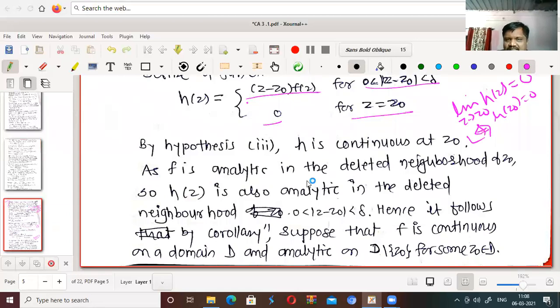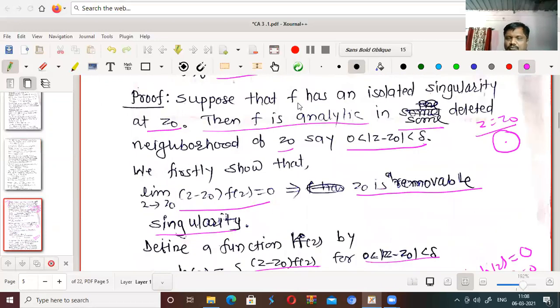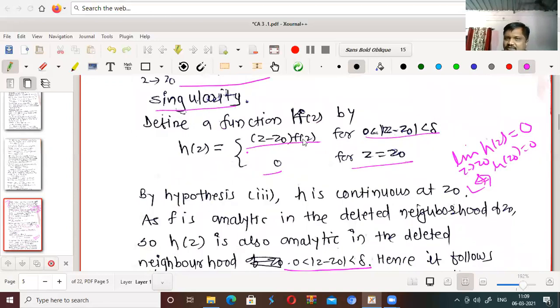Now, as f has an isolated singularity, f is analytic in some deleted neighborhood of z0. So as f is analytic in the deleted neighborhood of z0, we are multiplying that by z minus z0, which gives h of z. Therefore h of z is also analytic in the deleted neighborhood of this z0.